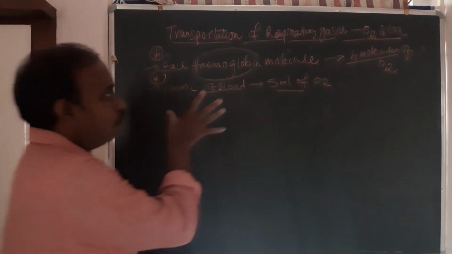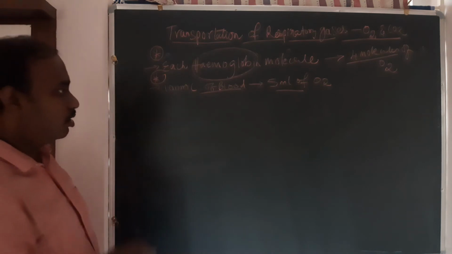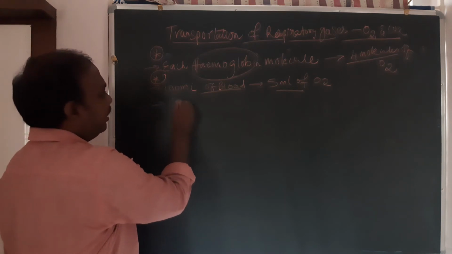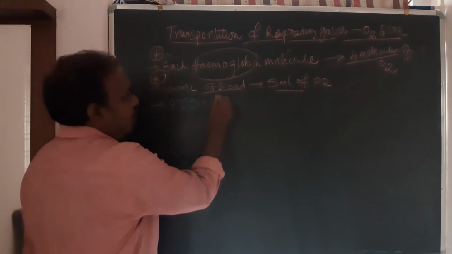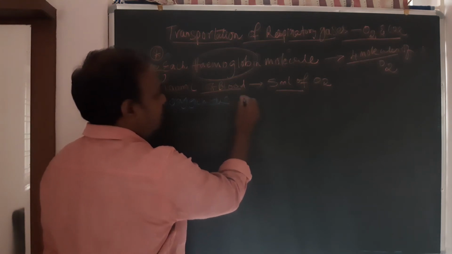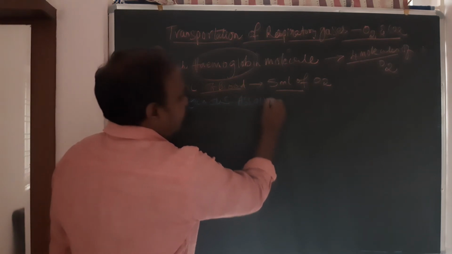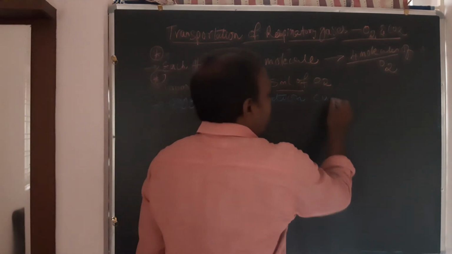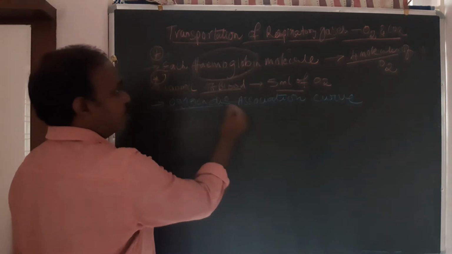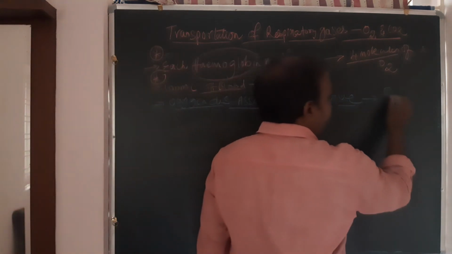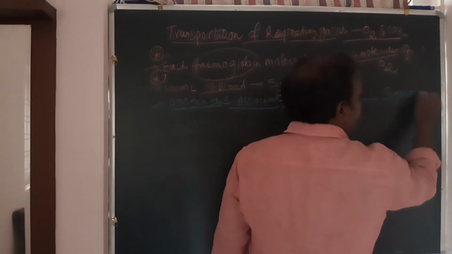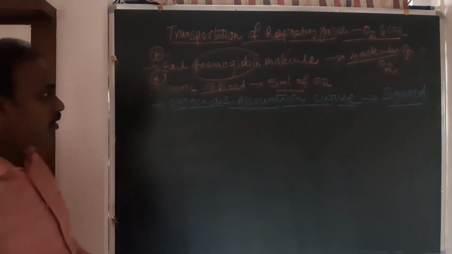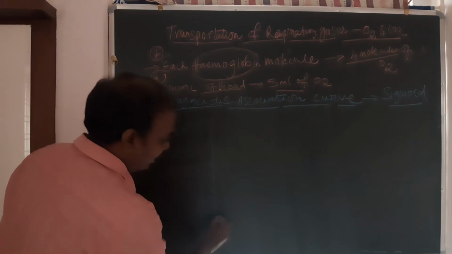Now when you plot this association and dissociation, you get something called the oxygen dissociation curve. Very important. The shape of this curve is sigmoid. How do we plot this curve? You take two axes.